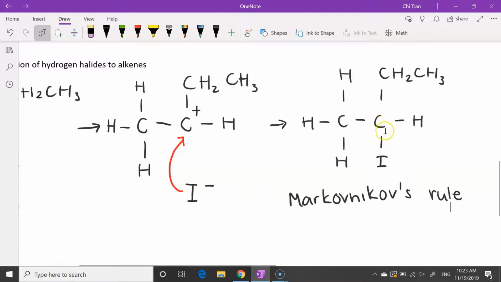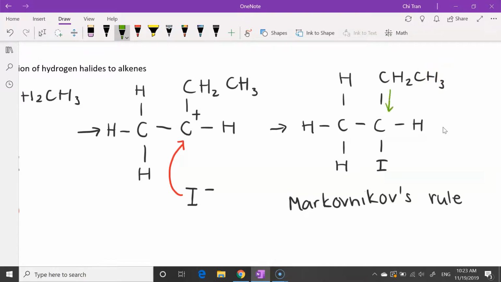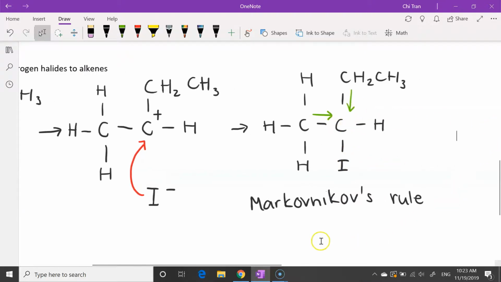So here we have the substituent group of CH2CH3, because the surrounding carbon will add to the inductive effect, allowing this carbon to be the most stable, which is most preferable for a halogen.